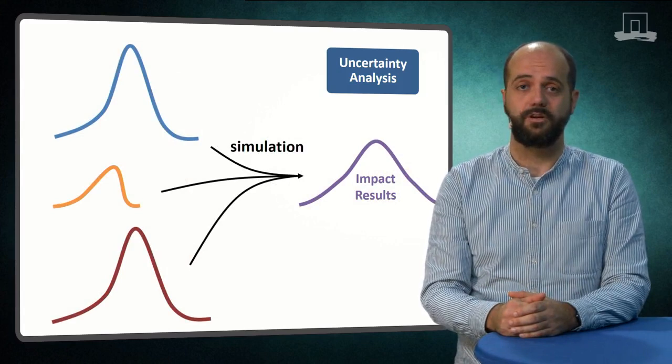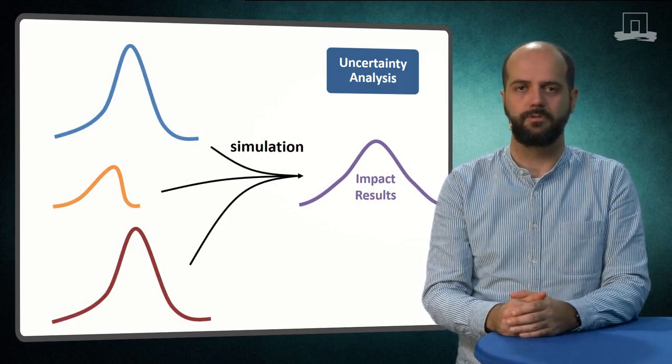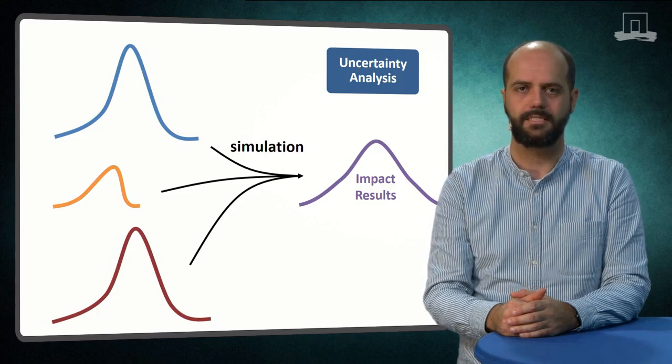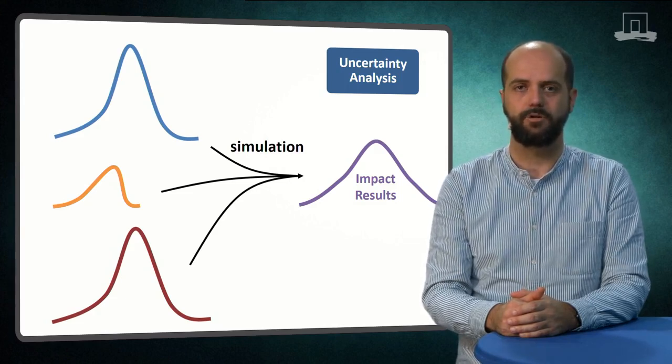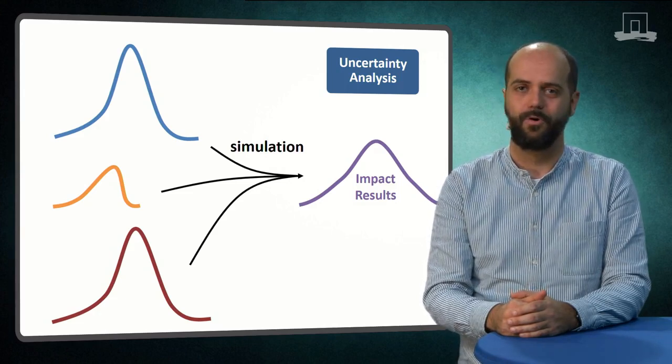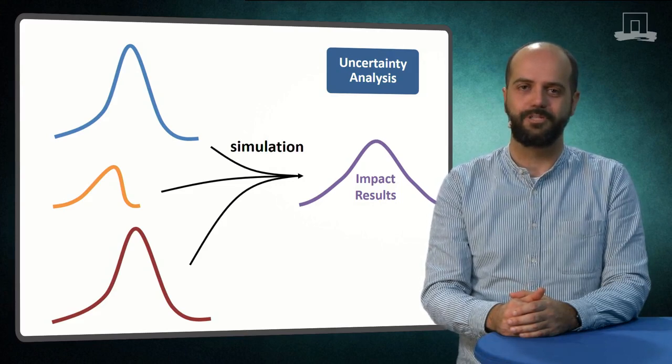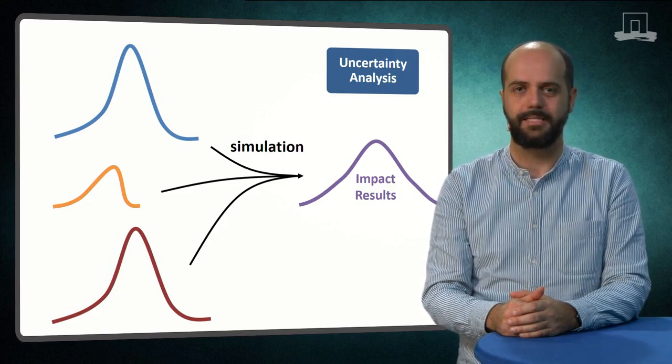If we use LCA software, we include a probability distribution function for each input parameter. The software typically takes the probability density function for each input parameter and calculates different combinations of the various input values using Monte Carlo simulation. All the Monte Carlo simulations together give us a probability density function for each result.